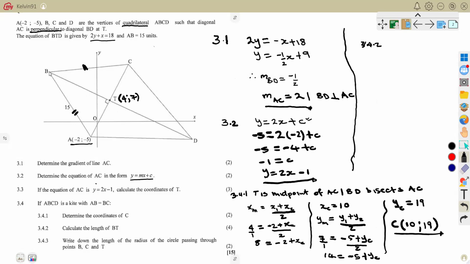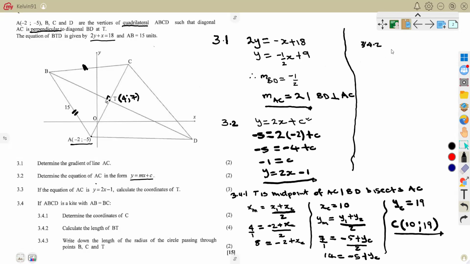If you check here, we are having 90 degrees. That's our BT here. If we check here, we have 90 degrees there, which is given. Then this side, we are told is 15. Then we can calculate the length of AT using the distance formula.